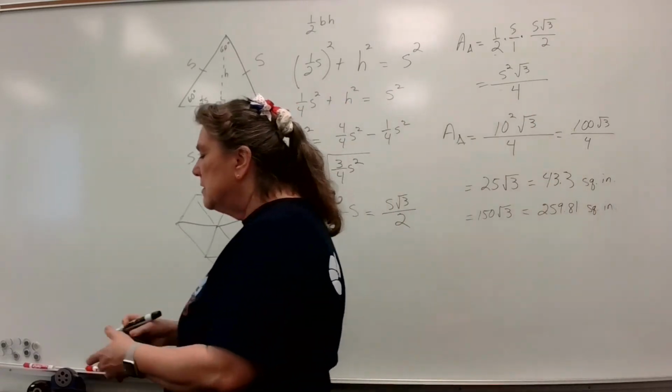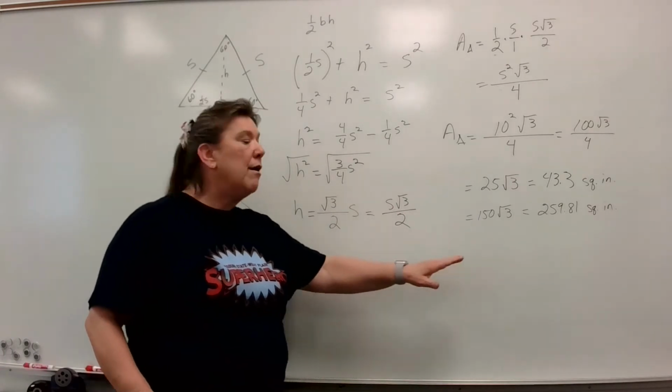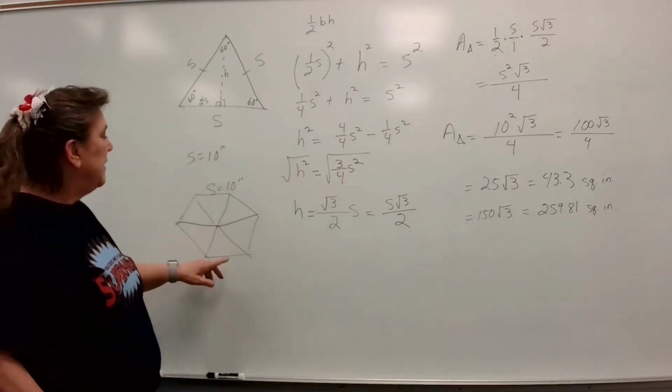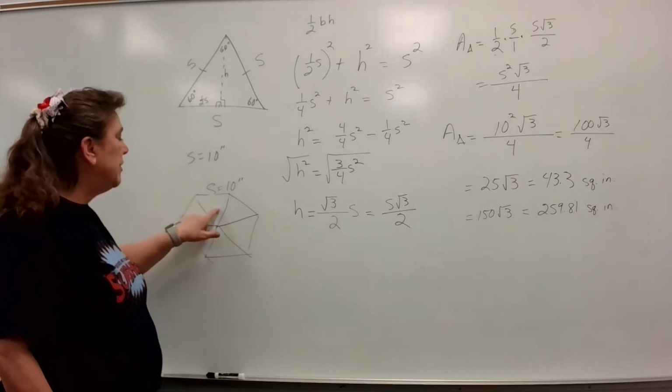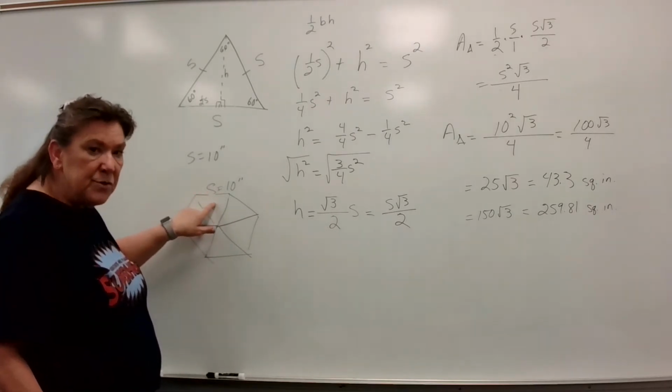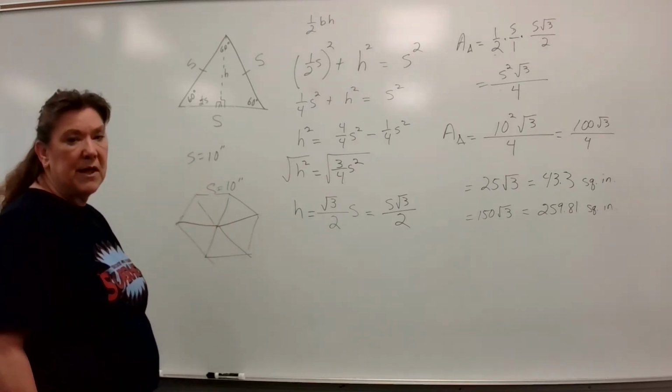Okay? So as you can see, this gives me now the area of a hexagon that has a side measurement of 10. It started first by figuring the area of one triangle in that, multiply it by the 6 triangles that make up that hexagon.